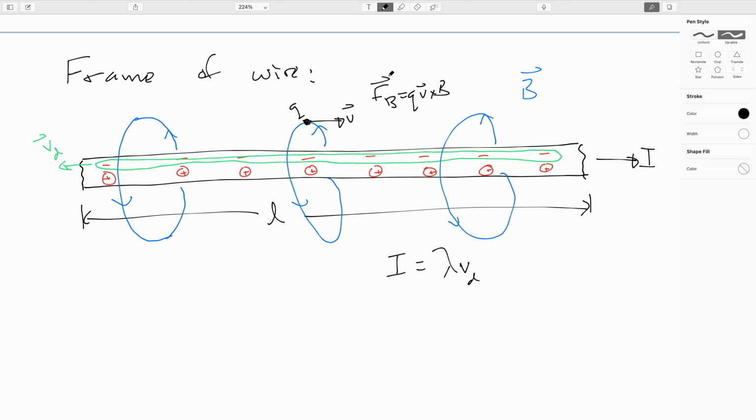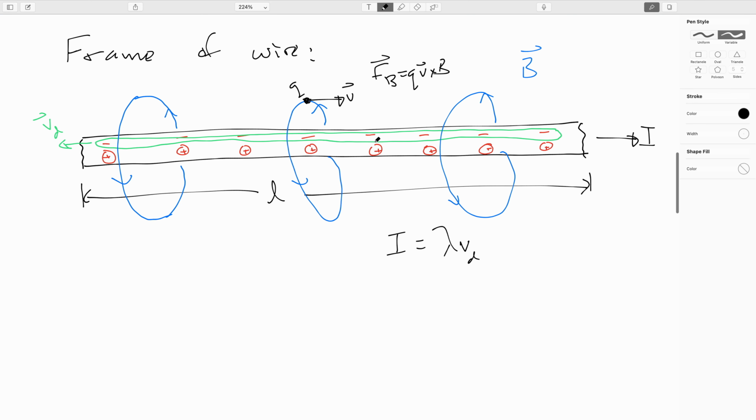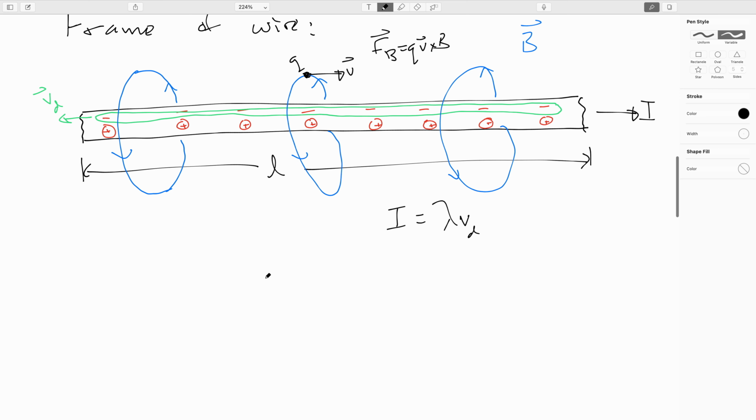All right. So with that, let's go ahead and think about this now from the frame of the electrons.